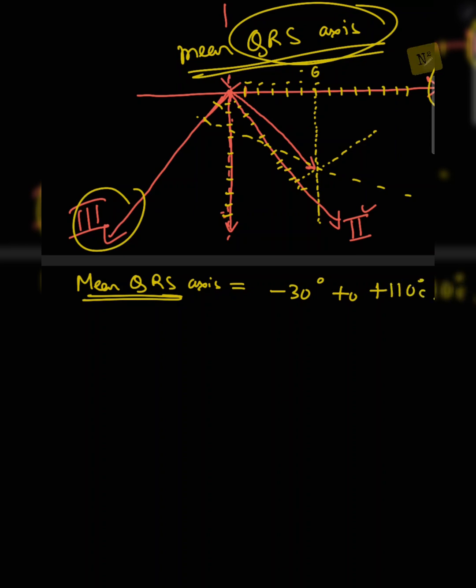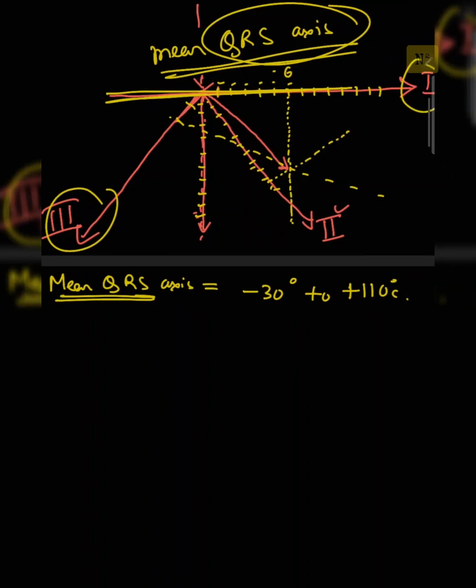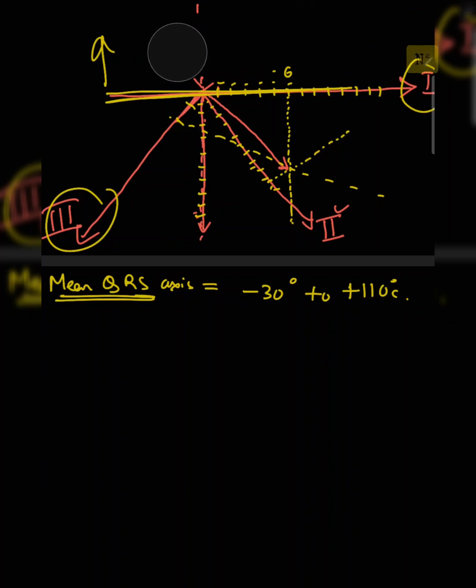I told you all the axes going below the lead 1 are taken to be the positive deflection, and anything going above the horizontal axis of the lead 1 is taken as the negative degree. So if this is the vertical axis, it should be somewhere from 30 degree negative to positive 110 degree.